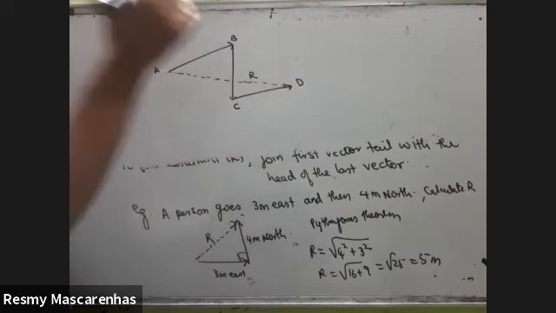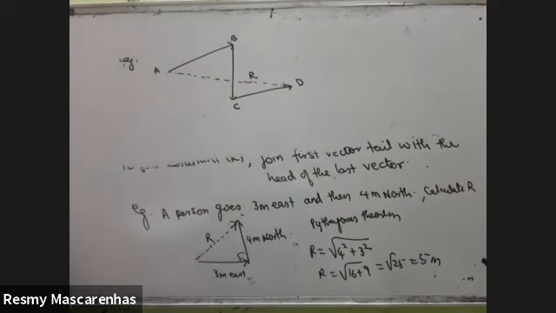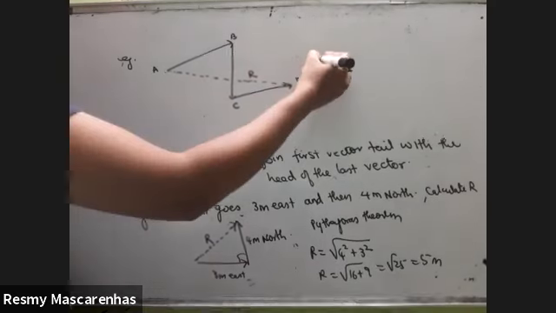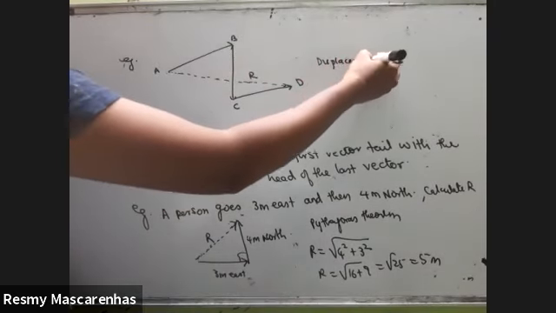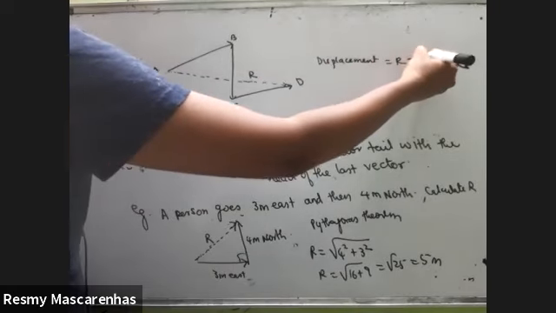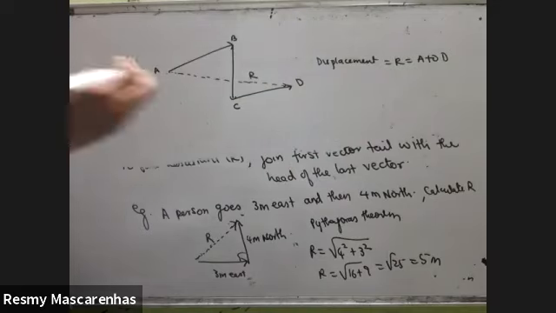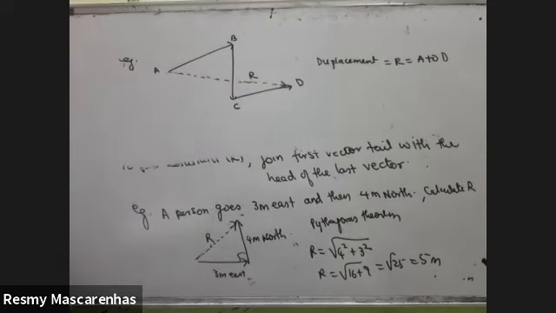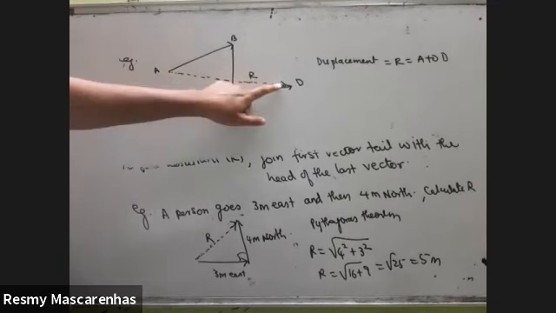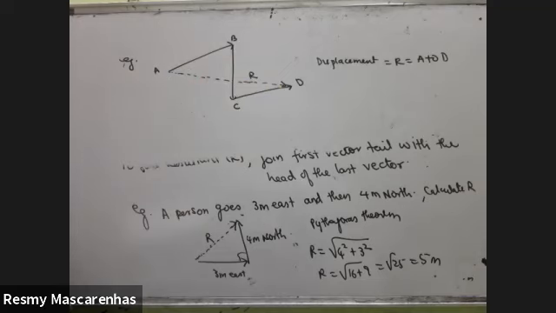So this would be R. So displacement is nothing but A to D, where A is your tail and D is your head. Starting fellow will always have a tail and then ending fellow will always have a head. Calculate the displacement here.